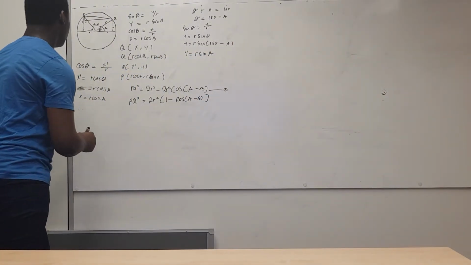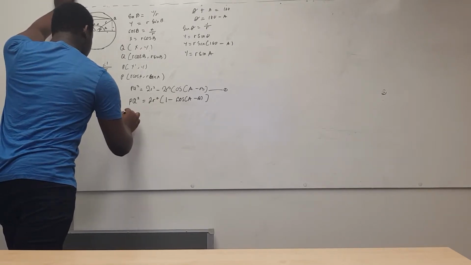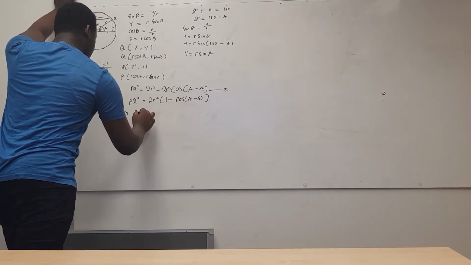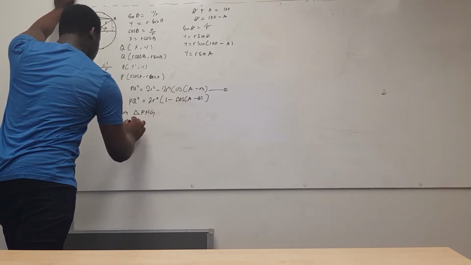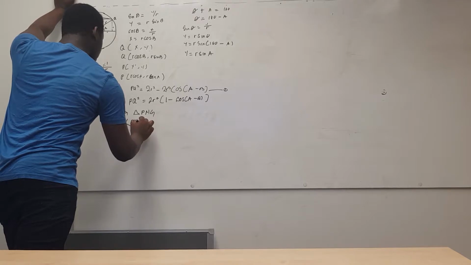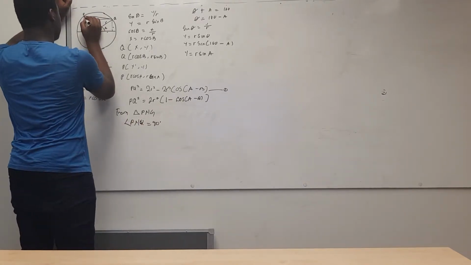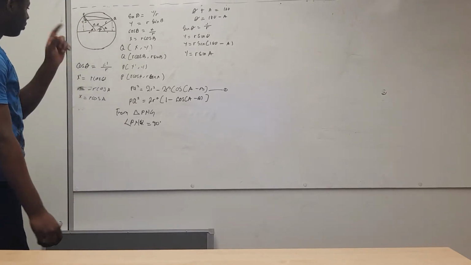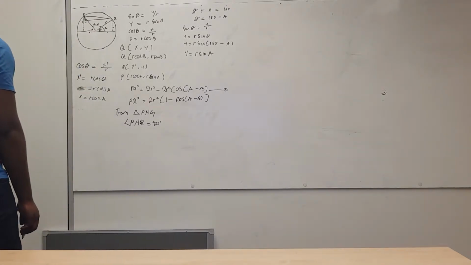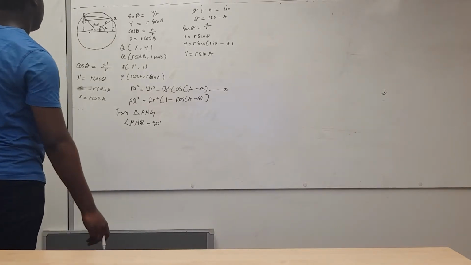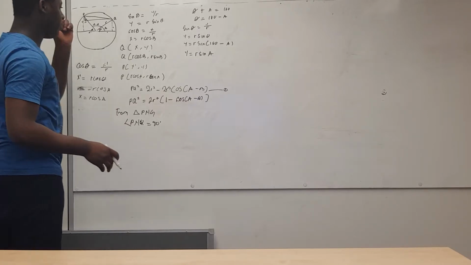From the triangle PNQ, the angle PNQ is equal to 90 degrees. Therefore, this angle is 90 degrees. We know what the Pythagorean identity says: PQ squared is equal to PN squared plus NQ squared.